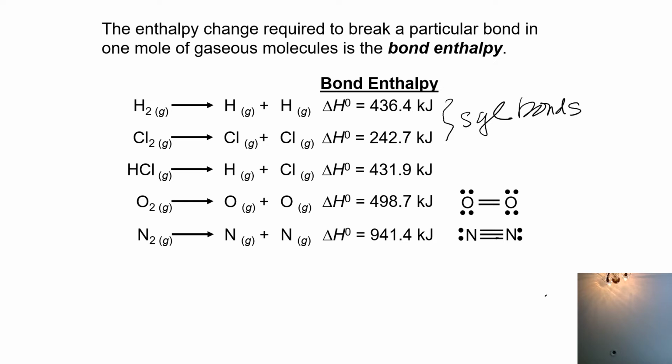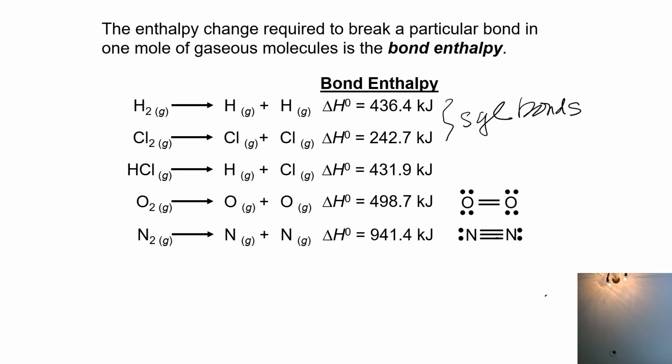And you'll note that it requires more energy to break that H2 bond, or hydrogen-hydrogen bond, because they are much closer together in space than the chlorine atoms, because they're bigger.